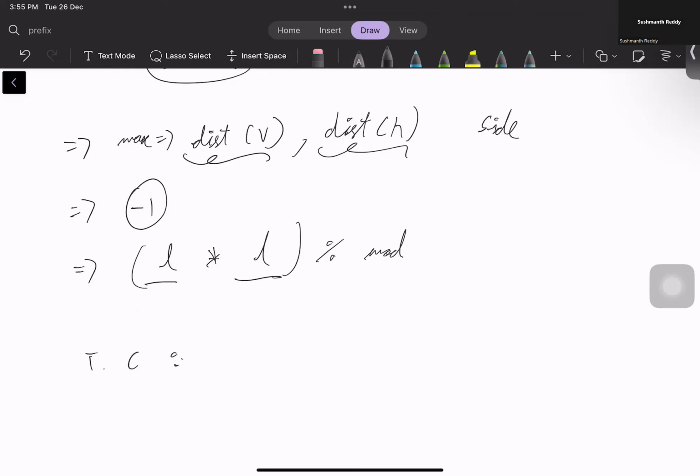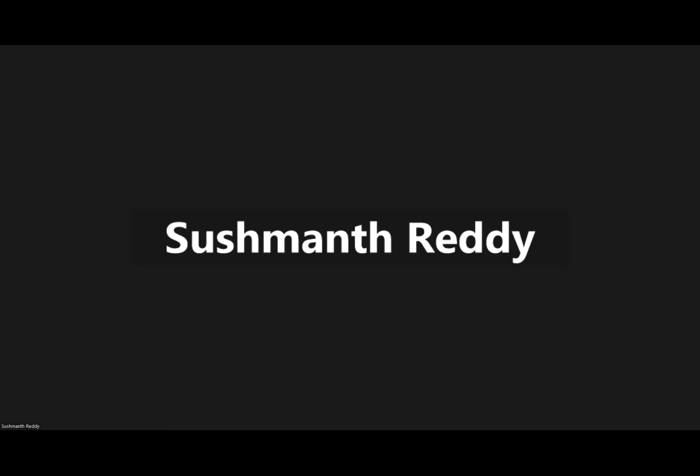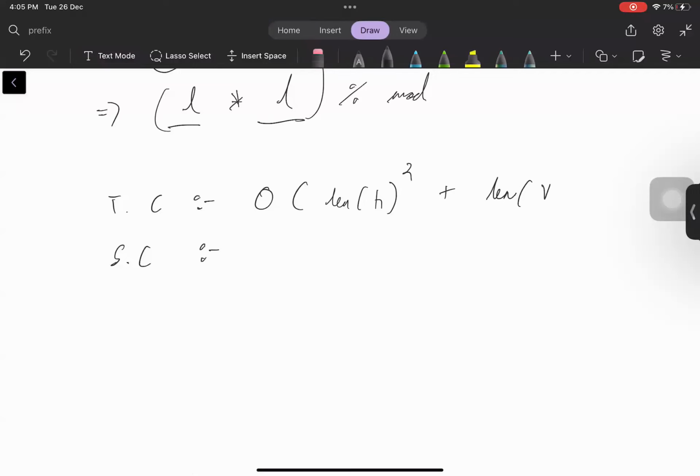So time complexity of this would be big O of n square, as we fix two loops and we iterate over. To calculate the distance, we fix two loops i and j, and then we calculate the distance in horizontals and verticals. So n square, in the sense, we can say it is length of horizontals square plus length of verticals square.